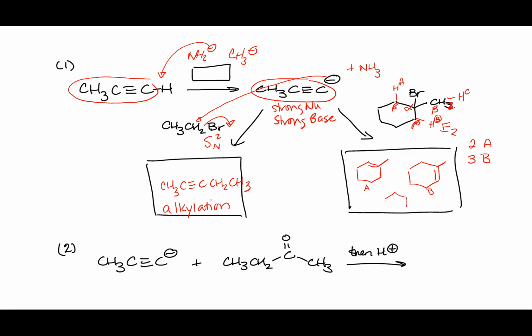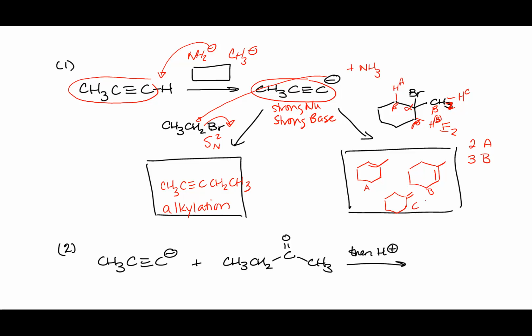And then outside the ring if I lost hydrogen C. So again, we lose the H, we lose the Br, we form the double bond between the alpha and the beta carbon. So those are our 3 possible products.